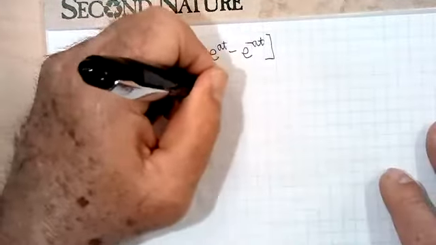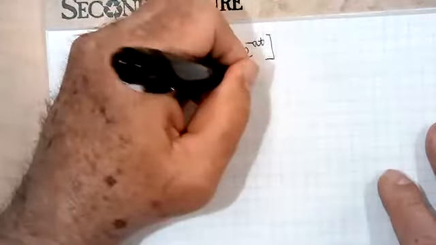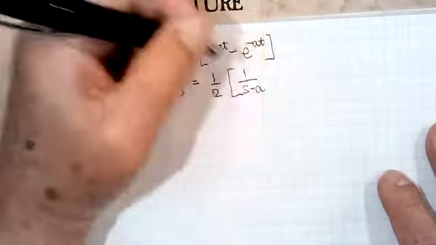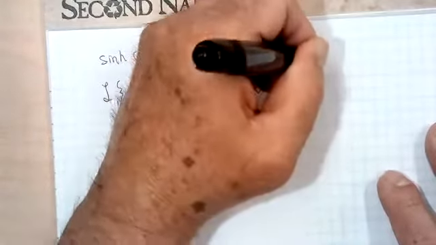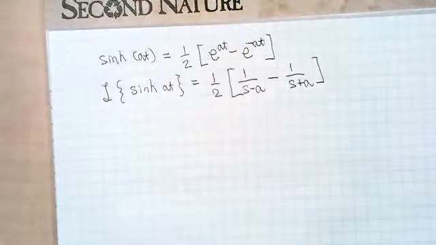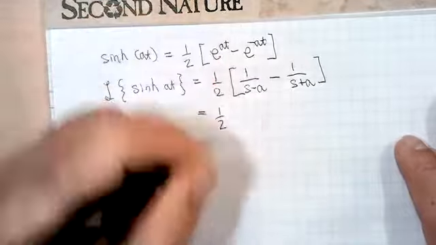So we have 1/2 times the transform of e to the at. Well, we know that. That's 1 over s minus a. Subtract the transform of e to the minus at. Well, that's going to be 1 over s plus a. Just exchange a for minus a. And you put those together. Well, let's see.